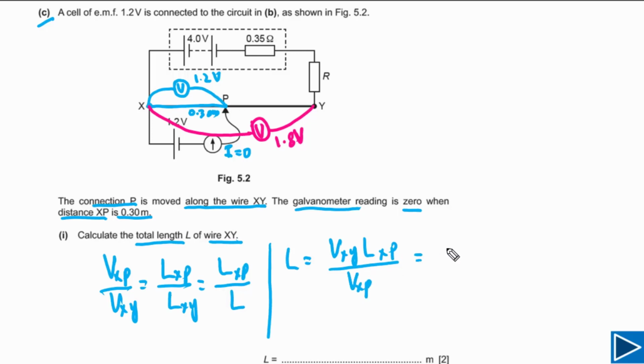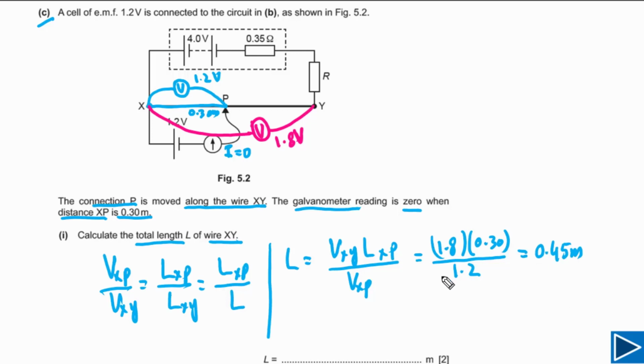Vxy we have, that is equal to 1.8 volts. We need to multiply with Lxp, which is 0.30 meters, and divide by Vxp, which is 1.2. If we solve this one, our final answer will be 0.45 meters. So this is the final answer.